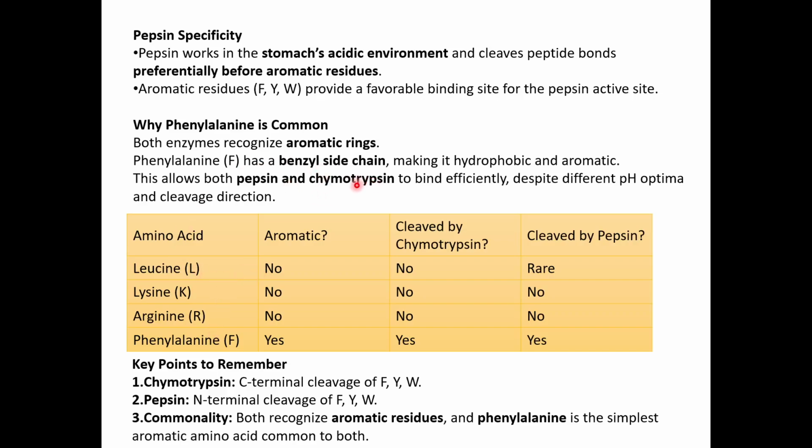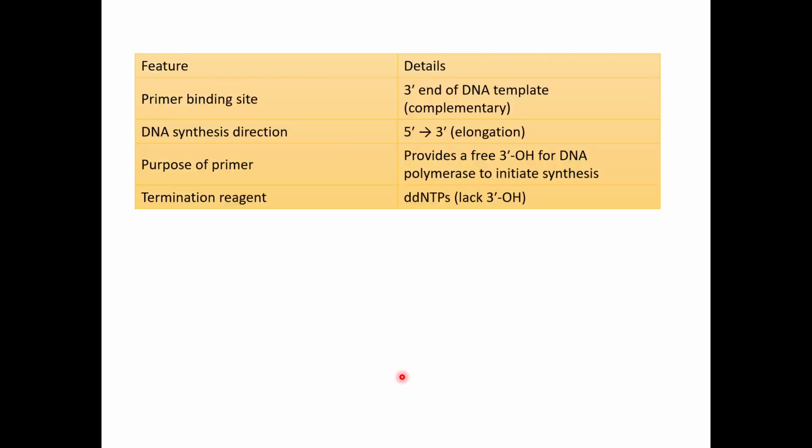Since we know that they cleave at the aromatic site, whether before or after, in the given options the only one which has an aromatic ring or benzyl side chain is phenylalanine. So it is cleaved by both chymotrypsin and pepsin. So that is it about the enzyme action of pepsin and chymotrypsin.